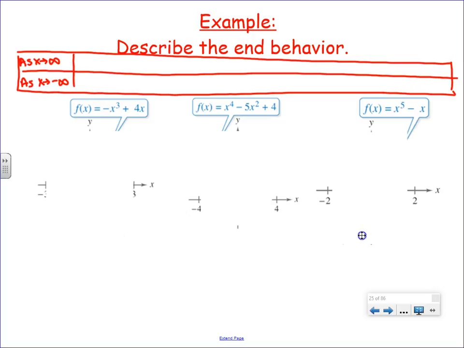Okay, for the first one, as x approaches infinity, tell me what that means. As you move to the right, what's going to happen with an odd function with a negative? Pause. Visualize. Because some of us are like, what's a cubic look like normally? Right? What happens if there's a negative? Okay, as you go to the right.